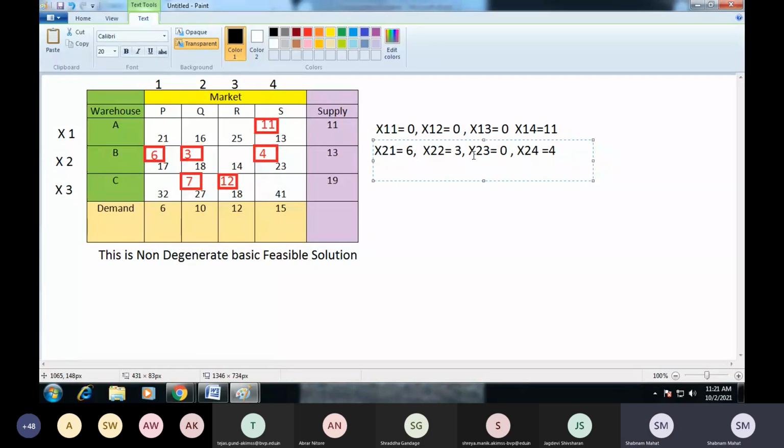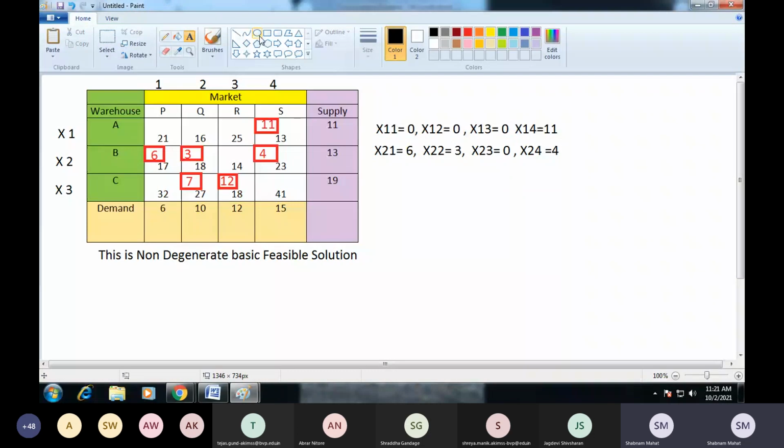Now check the third row, that is x3. x31 is equal to 0 because there is no allocation. x32 is equal to 7 because there is an allocation of 7. x33 is equal to 12, there is an allocation of 12. Then x34 is equal to 0 because there is no allocation.